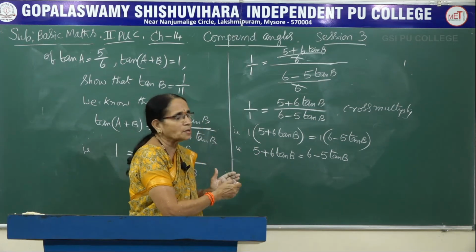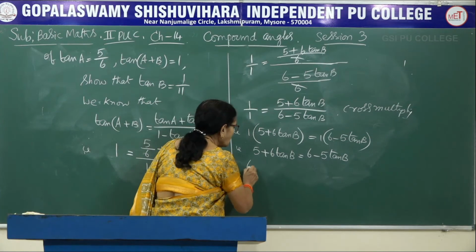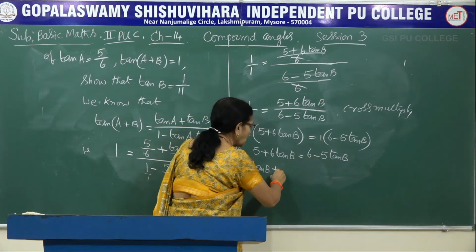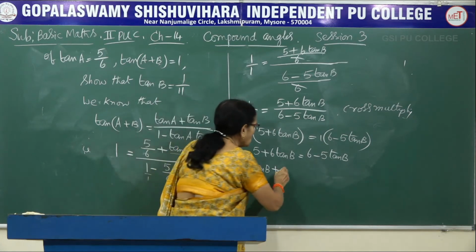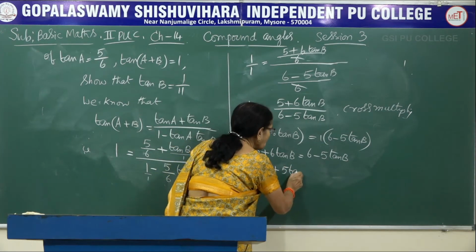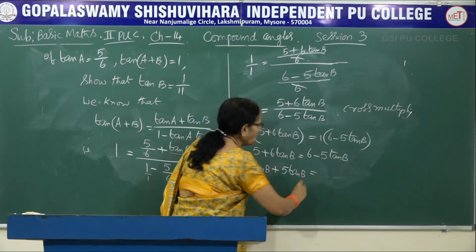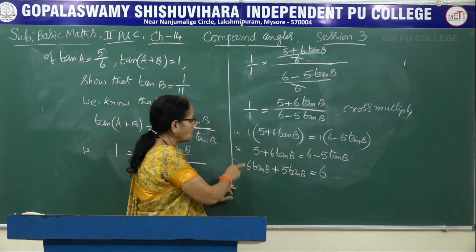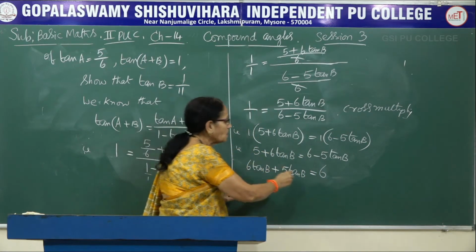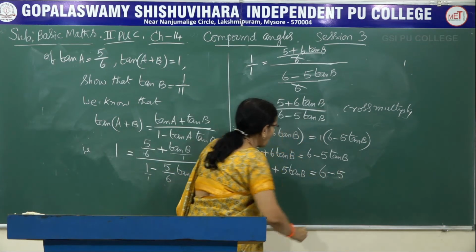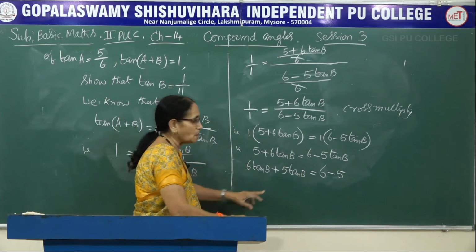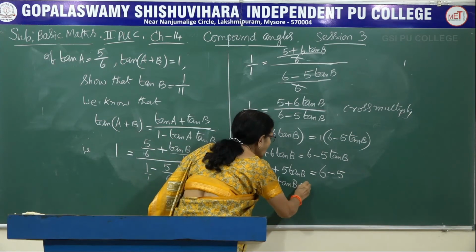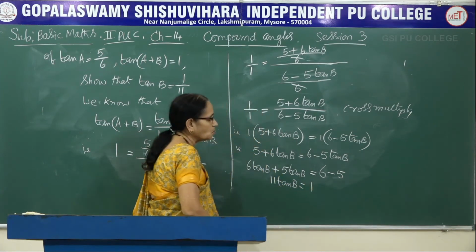Take both of them to one side, that is 6 tan B you write on the left hand side as it is, minus 5 tan B when you take to the left hand side will change the sign and become plus 5 tan B. Now 6 which is already on the right hand side, keep it there. Take 5, which is plus 5, it will become minus 5. So what is 6 tan B plus 5 tan B? It is 11 tan B. 6 minus 5 equal to 1.